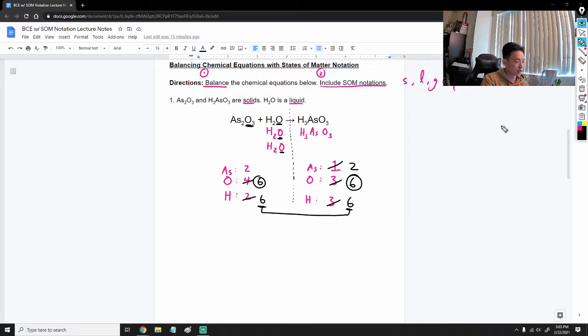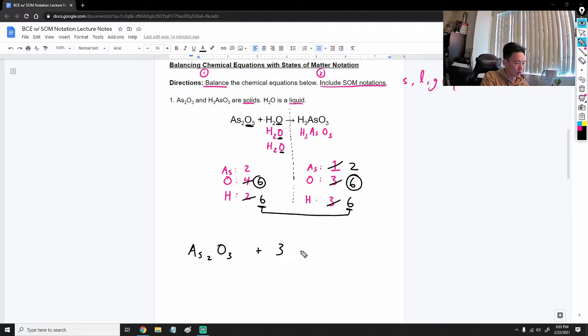Okay, so for the balanced chemical equation, we're just going to copy down As2O3, right? We didn't add any of this, so there's just a 1 in front of it, but we can ignore the 1. Plus, how many H2Os do I have? I have 1, 2, 3. So I'm going to write a number 3 in front of H2O.